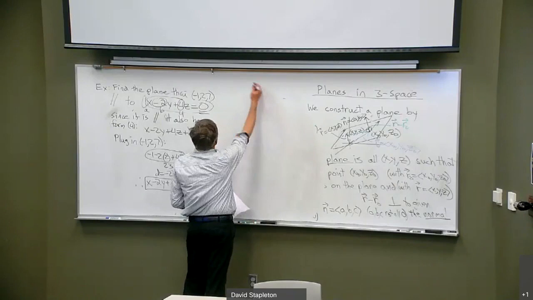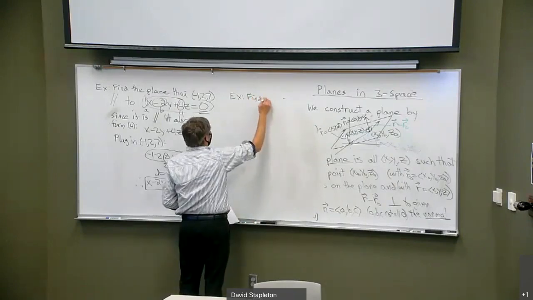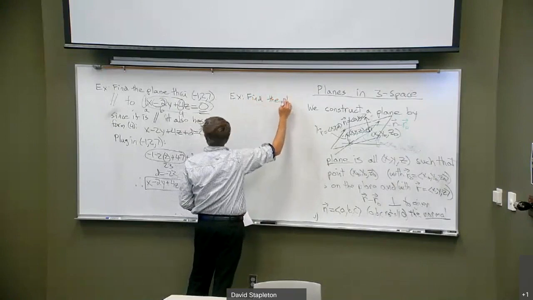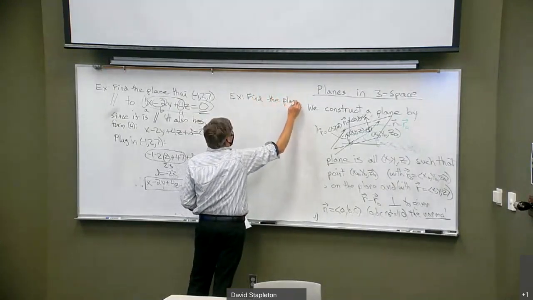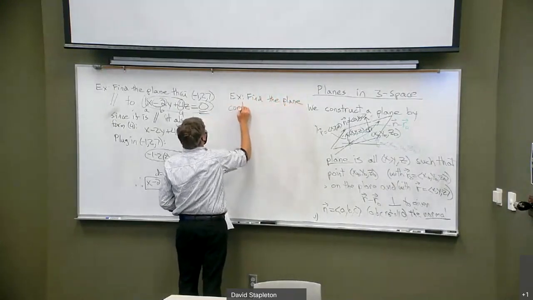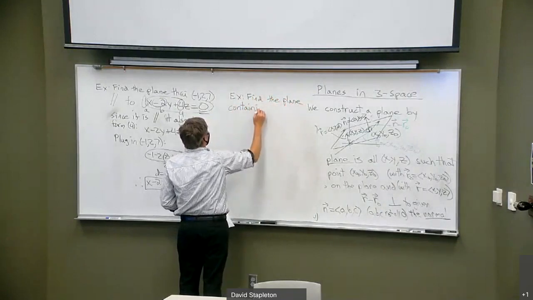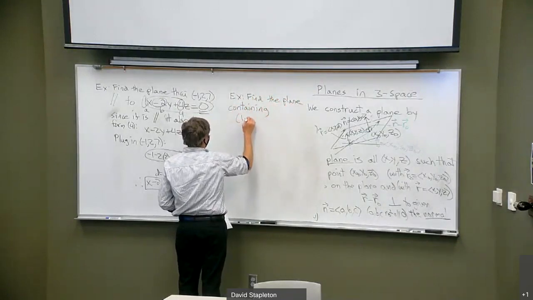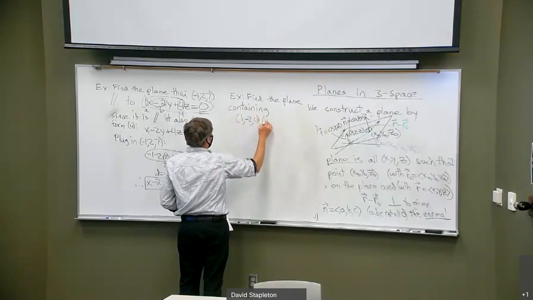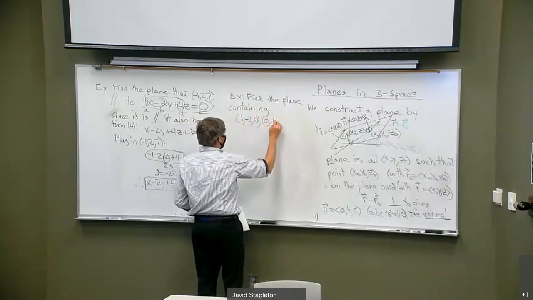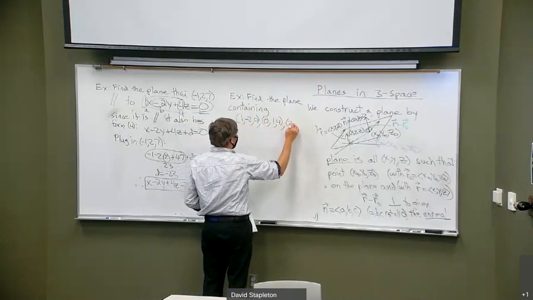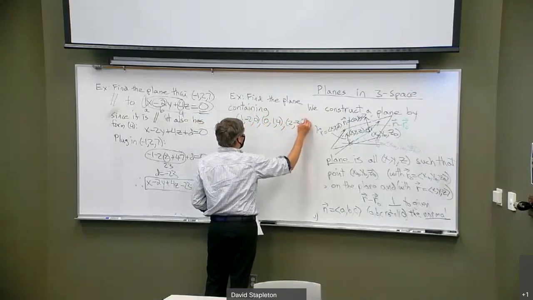All right. Example: find the plane, it's a tricky one, containing the three points (1, -2, 0), (0, 1, 4), and (2, -3, 5).